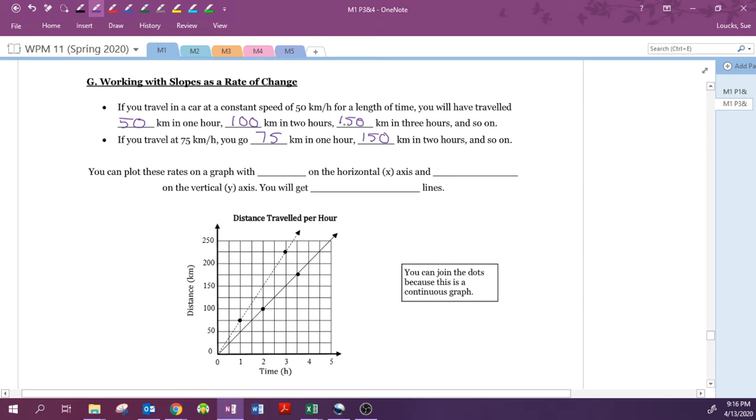and so on. You can plot these rates on a graph with time on the horizontal axis and distance on the vertical or y-axis, and you will get straight lines.